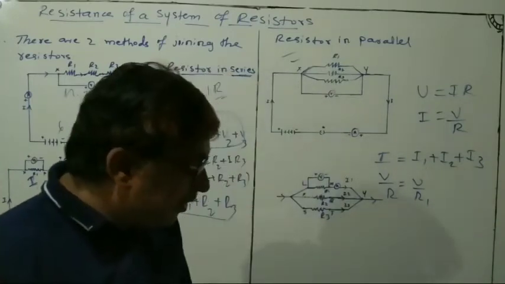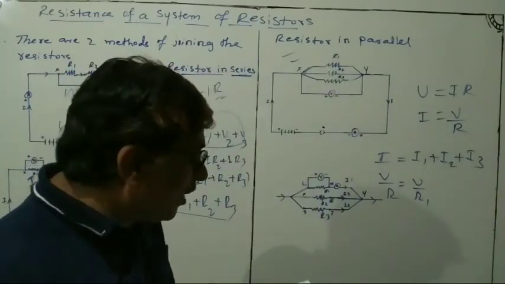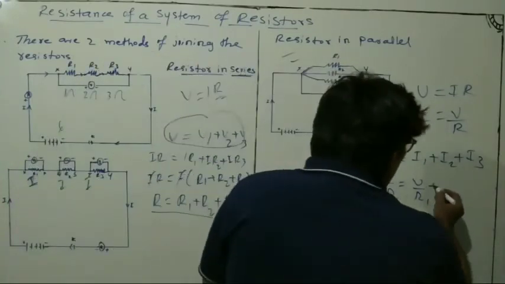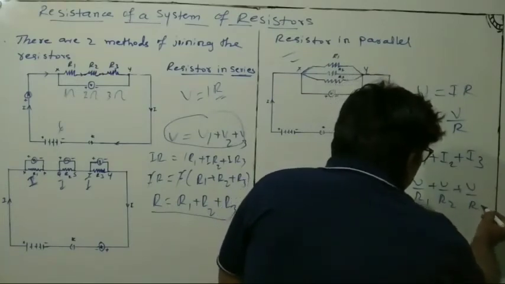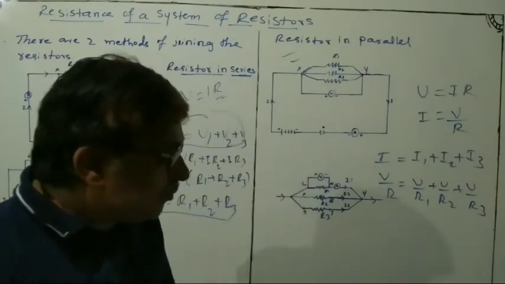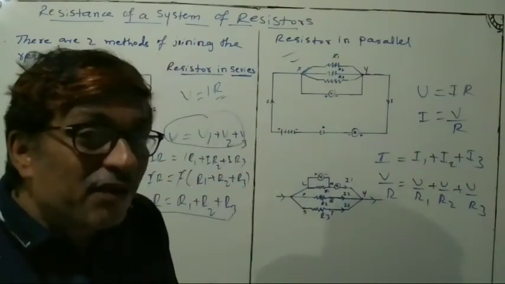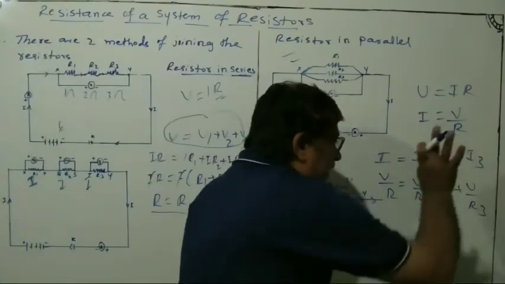Because the potential difference is the same, V will be constant.